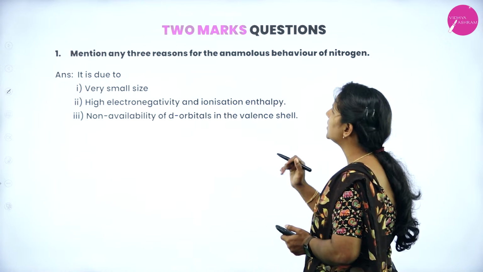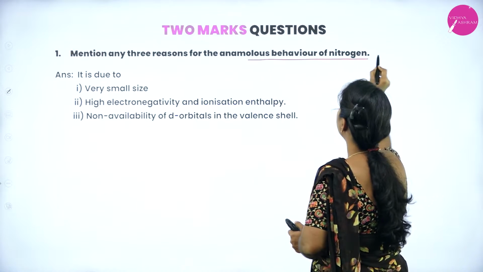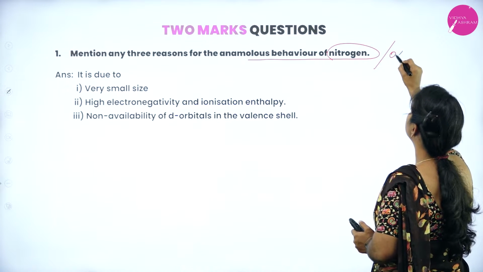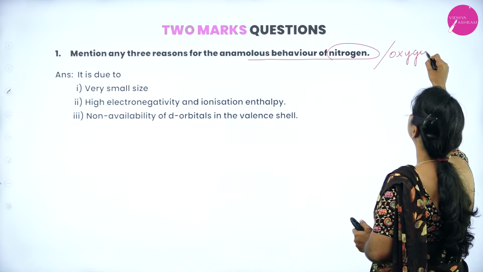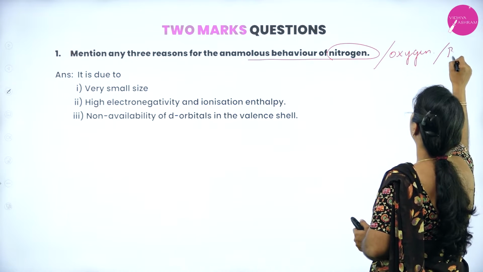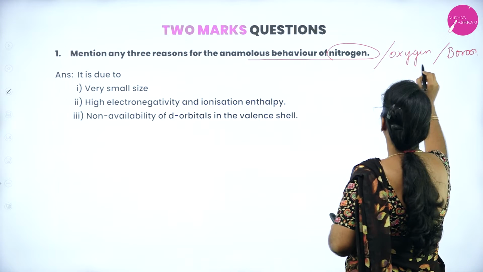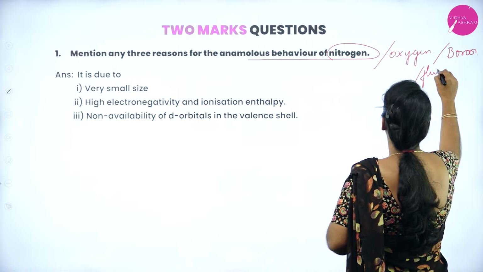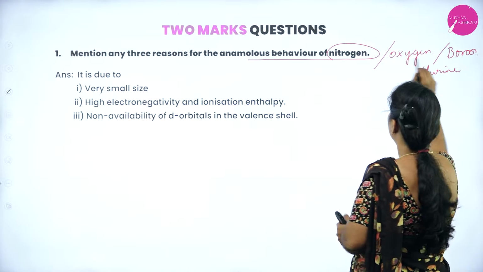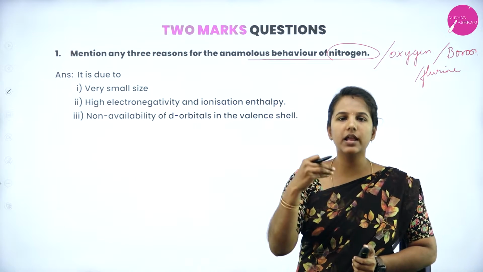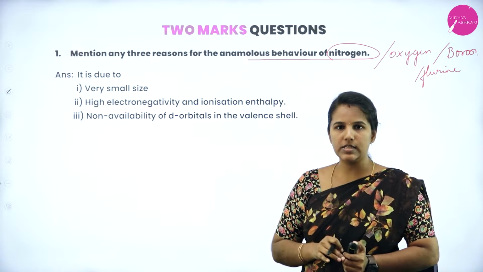Next, we will go with the 2-mark question. Mention any 3 reasons for the anomalous behavior of nitrogen. Instead of nitrogen, we can expect oxygen, boron, or fluorine. The first members of the P block elements usually show anomalous behavior.